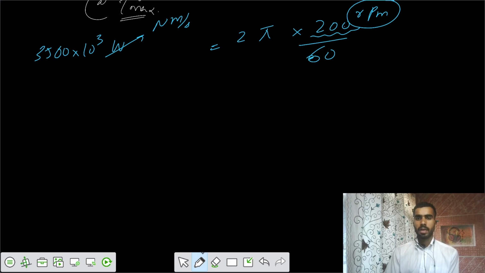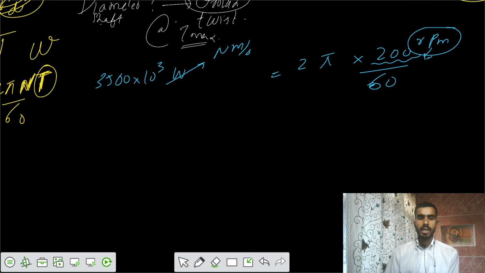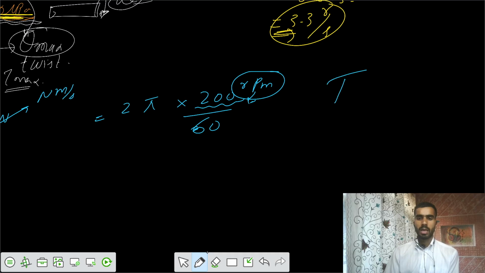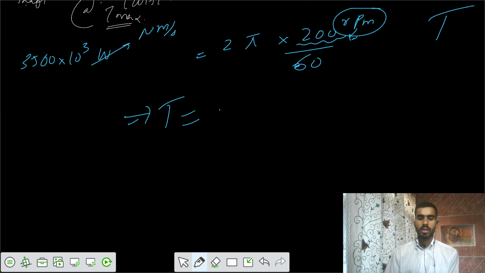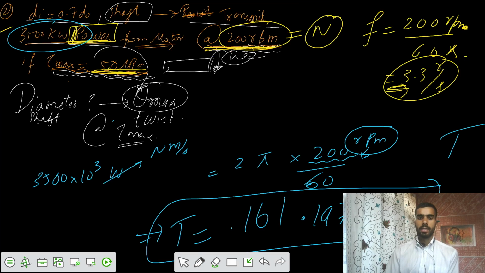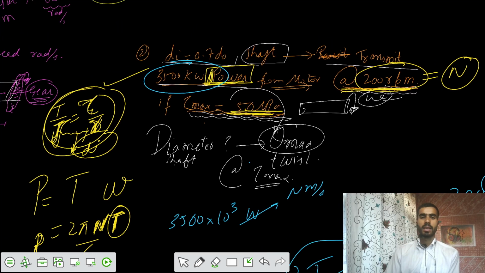So 200 by 60, and you multiply that by T. So you get the torque developed, which comes out to be 161.197 kilonewton meter.